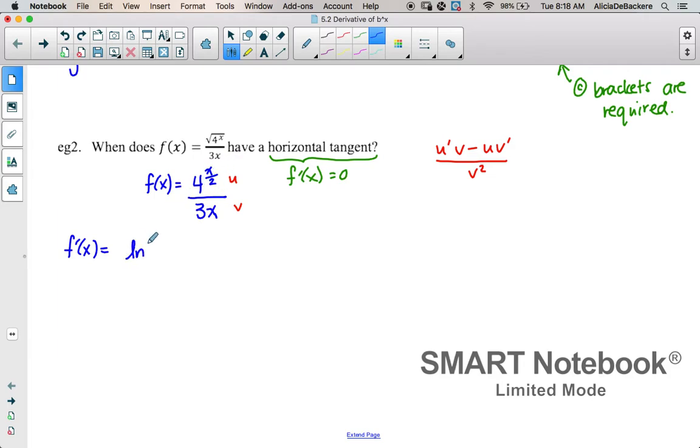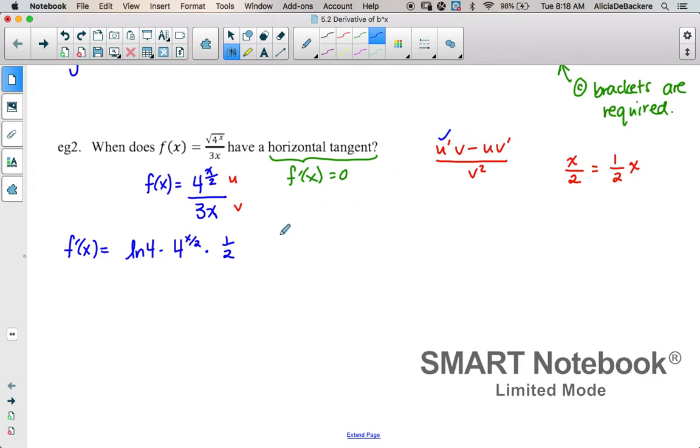So I take ln of the base times the original times the derivative of the exponent. Now another way to think about x over 2 is that it's the same as 1/2 times x. So when I take the derivative of that, it's just 1/2. All right, so that's u prime. That's all we've done so far.